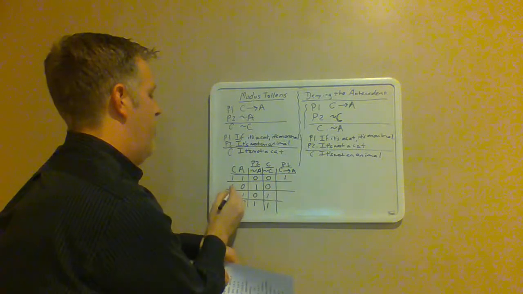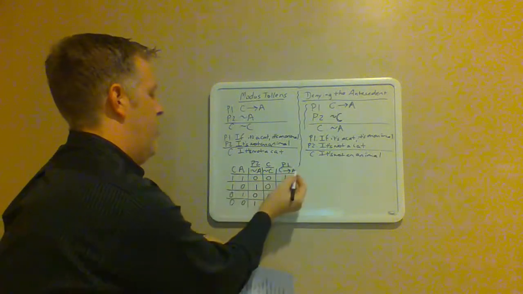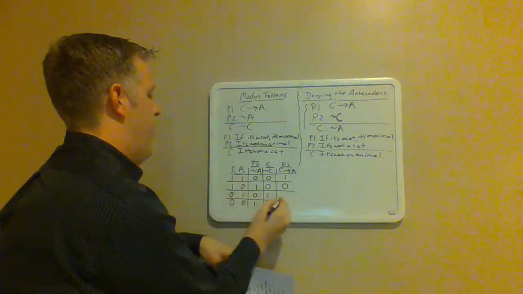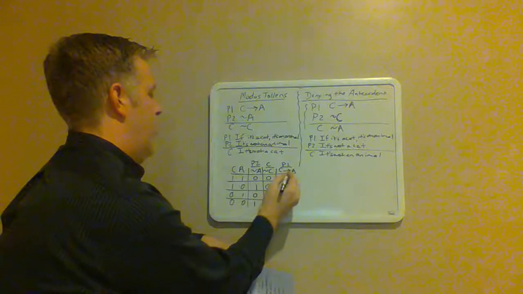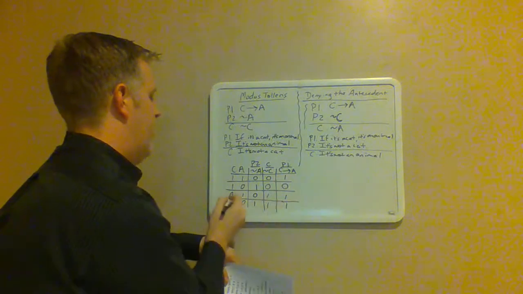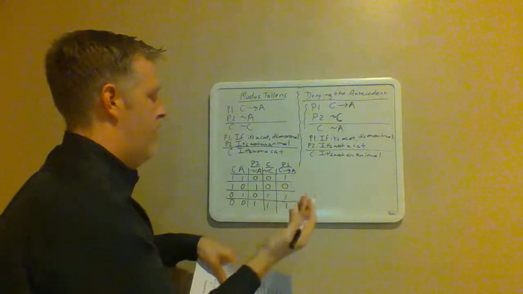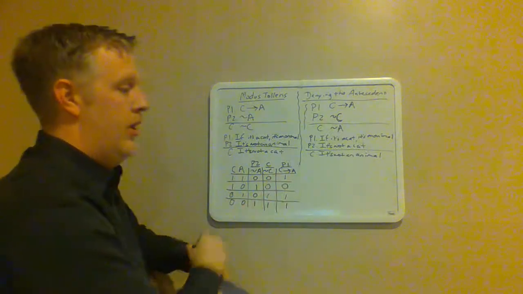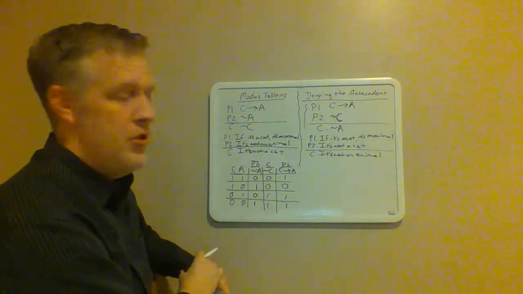But in this second row, the antecedent's true and the consequent is false, so here we would put a false value. Okay, and then the third and fourth rows, once again, the conditional is going to be true in each instance because the antecedent is false, right? So anytime the antecedent is false, the conditional itself is, as a whole, rendered true.